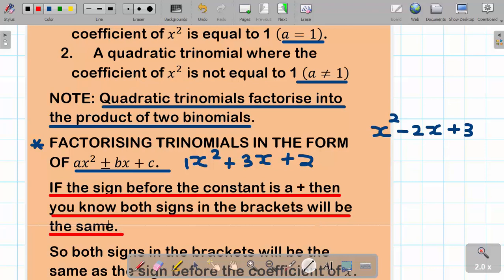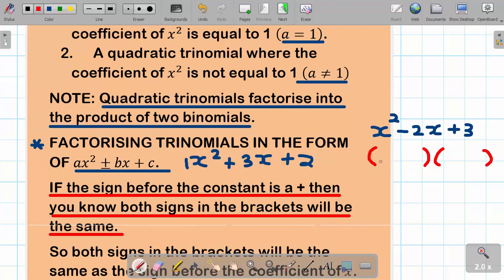If the sign before the constant is positive, then you know that both signs in the brackets will be the same. Don't forget, if we factorize, like in this case, you must get two brackets multiplied together. Like in here, we are going to get our brackets like this, this bracket multiplied with this other bracket here.